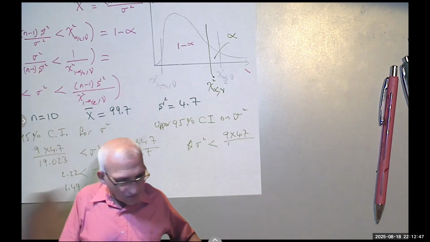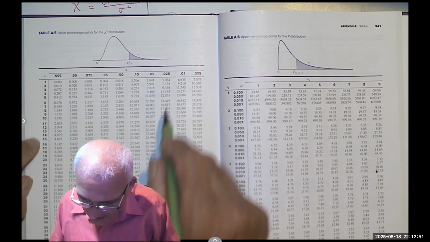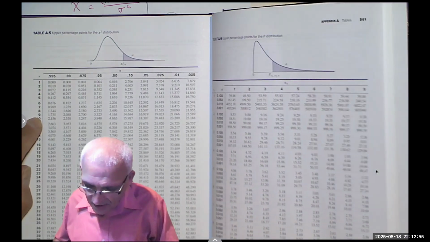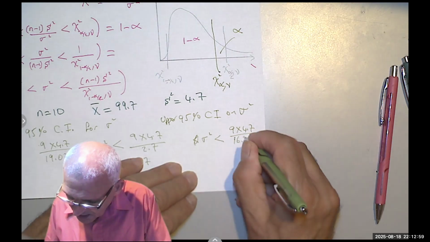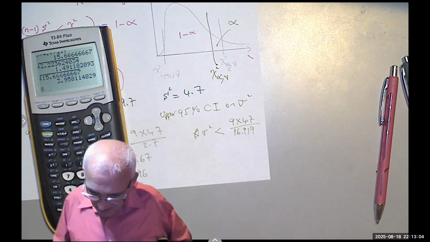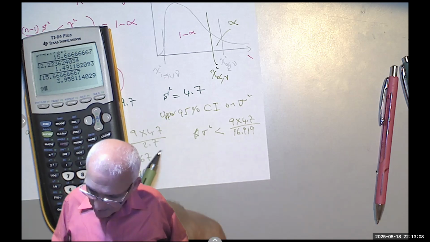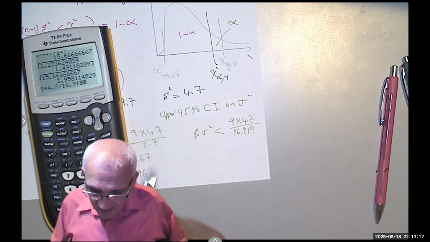You want 0.05, right? 16.919. And that would be 9 times 4.7 over 16.919.